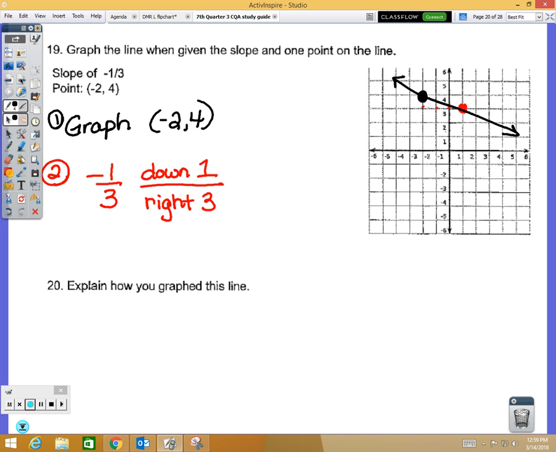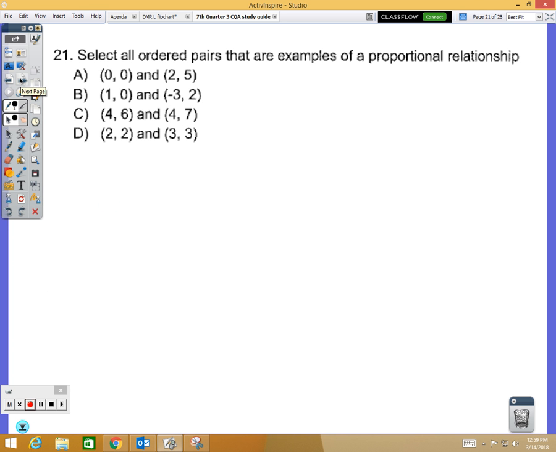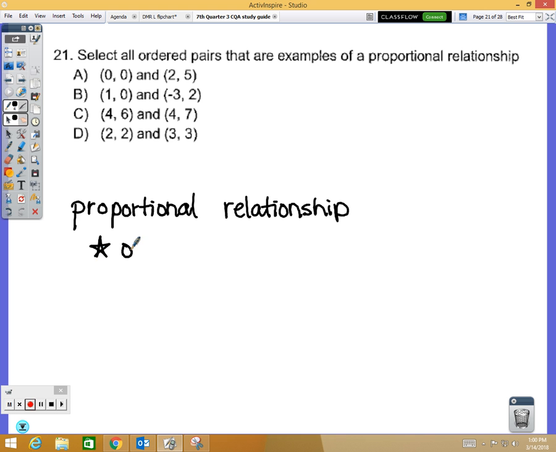All right, looking at number 21 then. I think number 21 is one of the more challenging questions. We've talked about proportional relationships. And we said this is the requirements of a proportional relationship. First of all, it has to go through the origin.